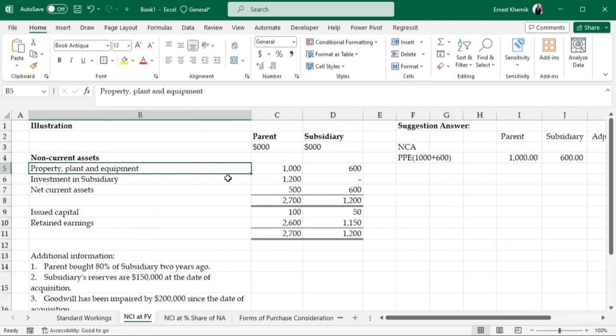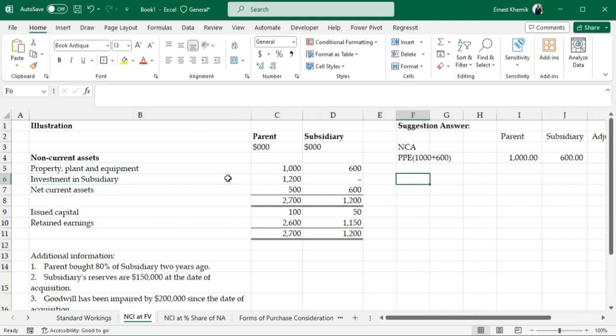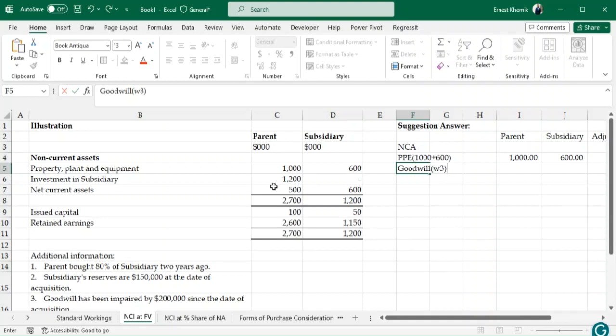Now the next item here is the investment in subsidiary. And what we are saying is that we are going to replace that investment in subsidiary with what we call the goodwill. All right, we have what we call the goodwill, and that is going to be calculated using our workings. We are going to calculate our goodwill using working 3.